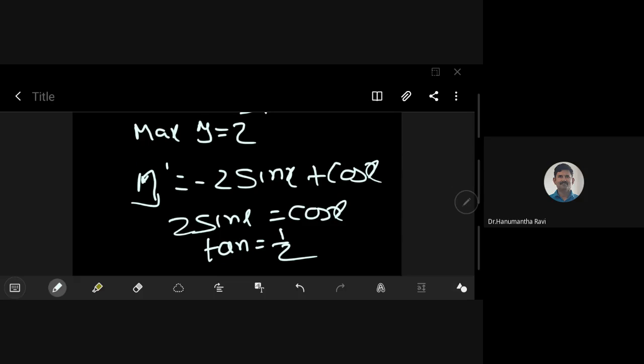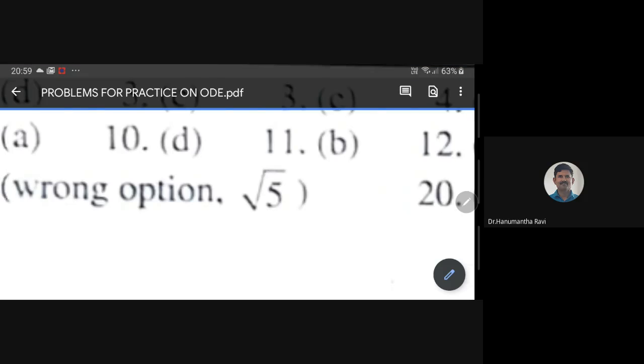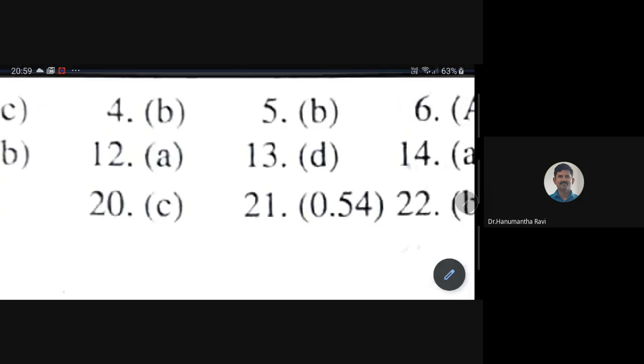So it will be, I think, 8 root 5. So fine, we'll stop.